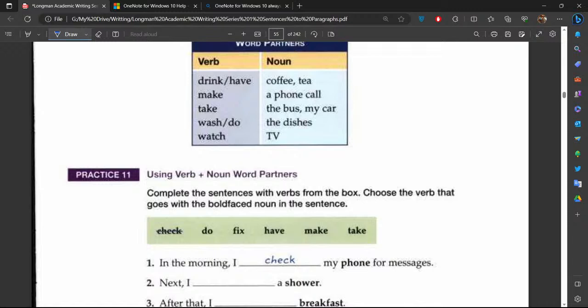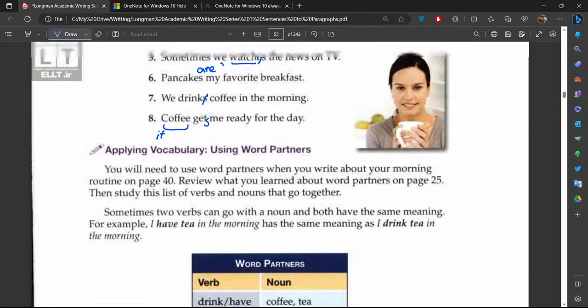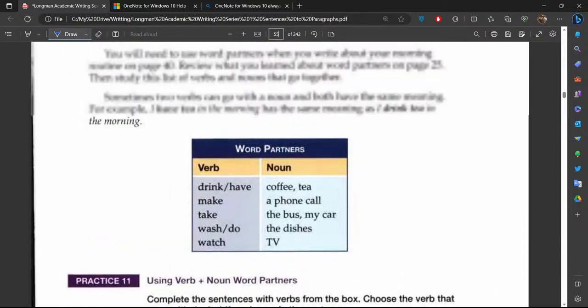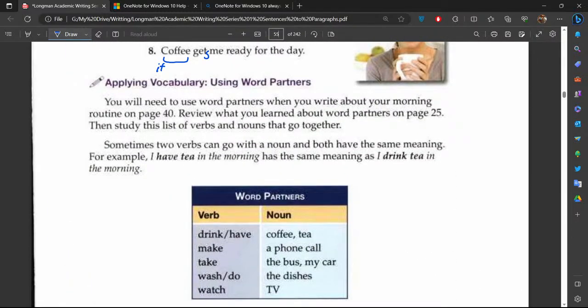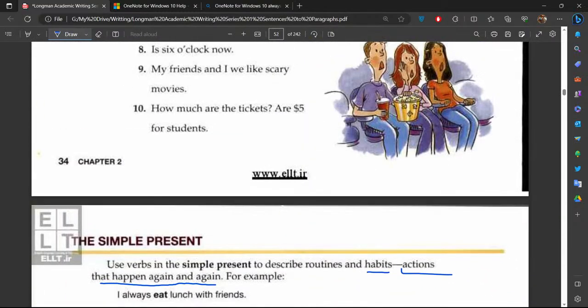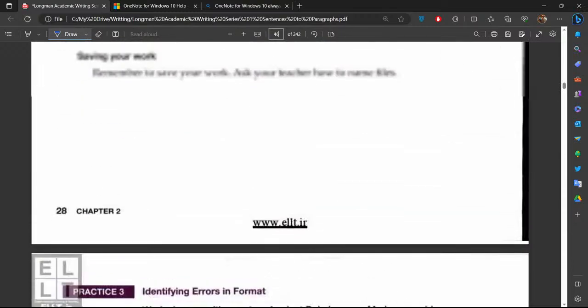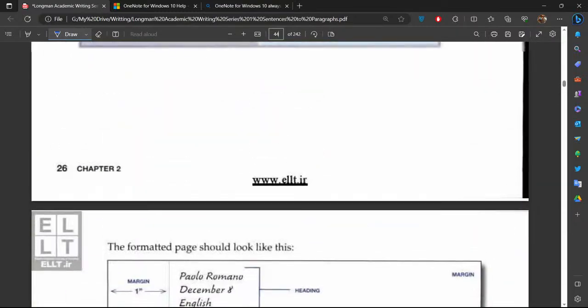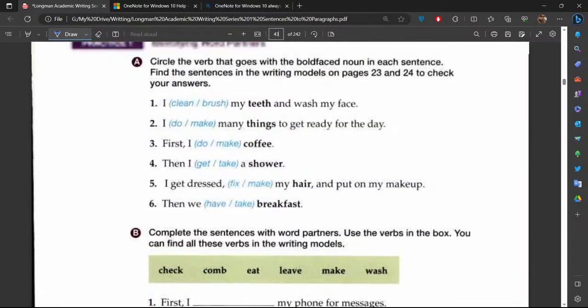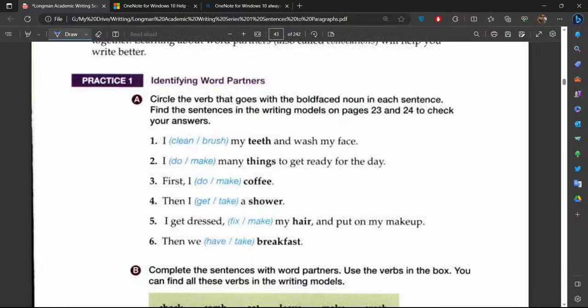Now they told us to go to page 25. We would be learning, okay, this is page 25, and we learned about these word partners.